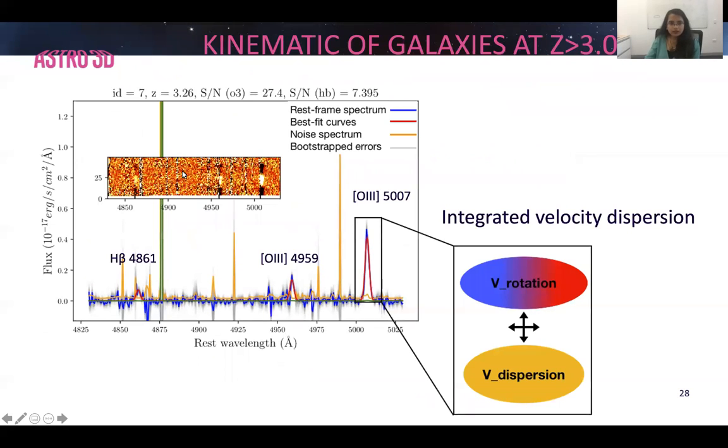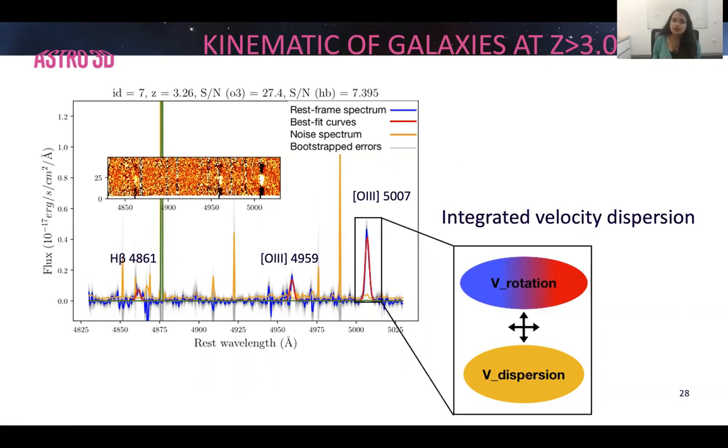Yeah, so the topic of this talk will be the width of this emission line, and what we are going to be focusing on is the information contained in the width of this emission line, because the width of this emission line represents a combination of the overall rotation the gas has and the intrinsic velocity dispersion of the gas.